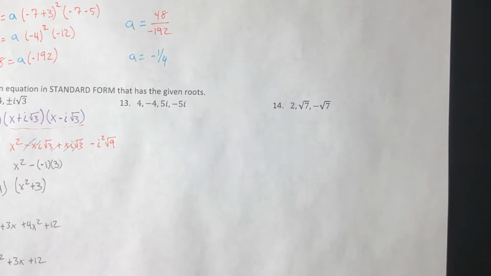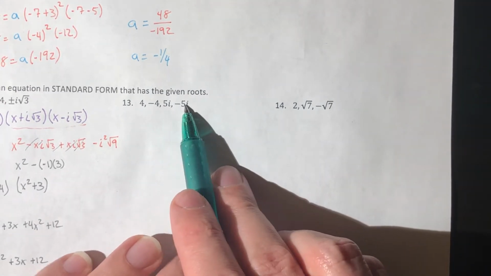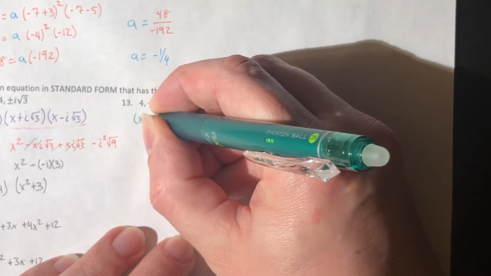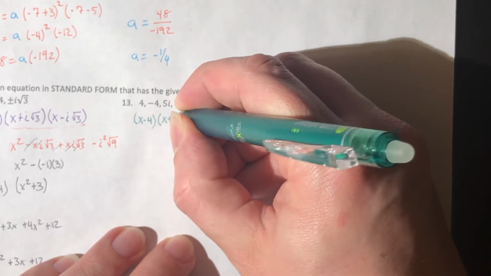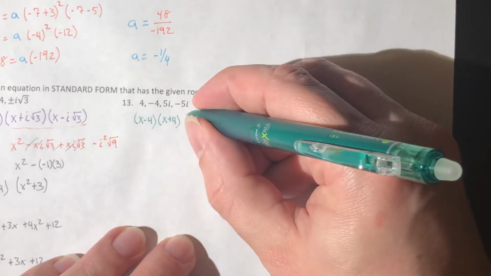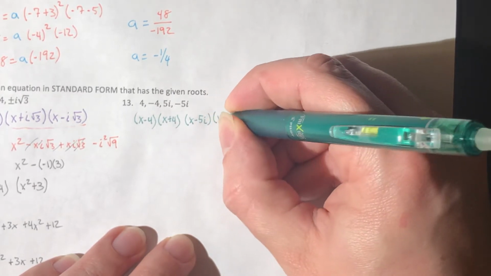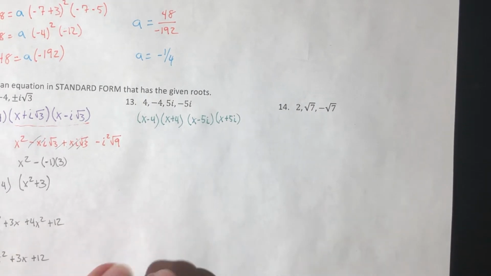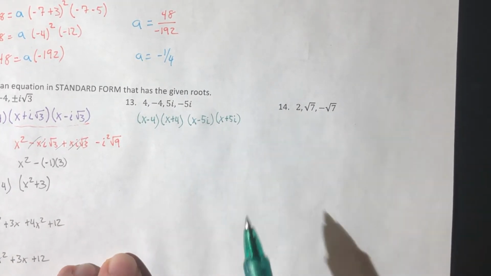Here we've got zeros of 4, negative 4, 5i, and negative 5i. That's going to be x minus 4 as a factor, and an x plus 4 as a factor. x minus 5i as a factor, and x plus 5i as a factor. FOIL your pairs first.